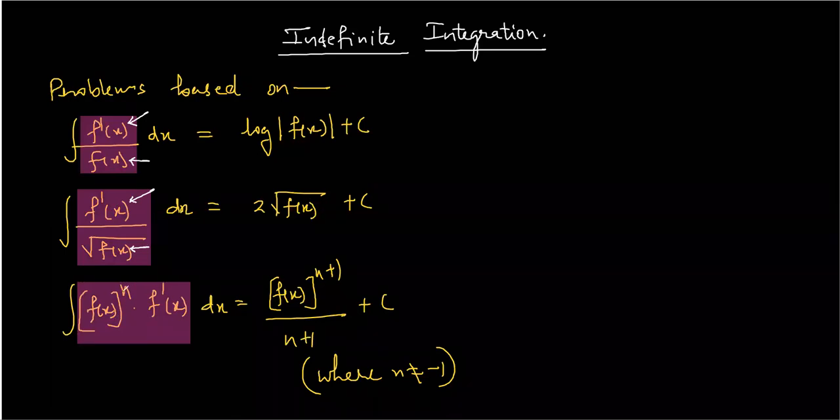And here f of x raised to n into f dash x. You have a function of x with a certain power, but it should not be negative 1, and you have the derivative of this function multiplied. So the integration will be f of x raised to n plus 1 upon n plus 1.